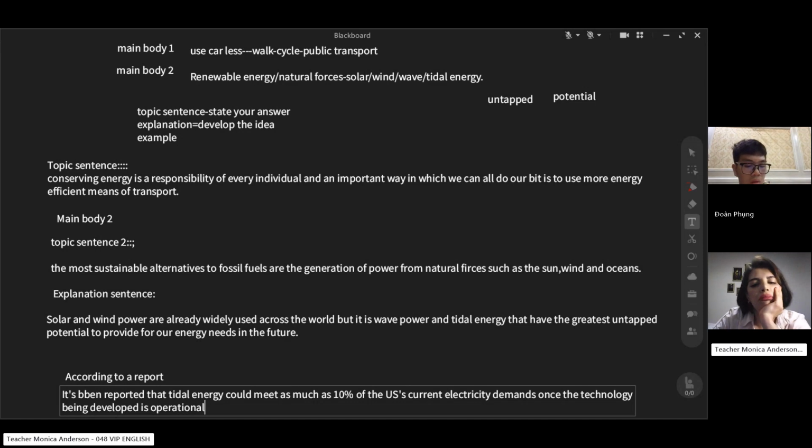Something like this. And for example, wave energy converters are expected to prove equally successful in the long term.